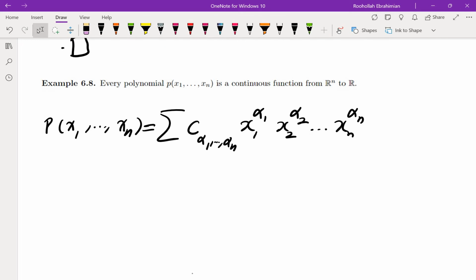So why is this continuous? Well, you could do it by induction on the number of terms, but briefly, I won't go over the details of that. This is continuous because you can write that down as a product of a bunch of continuous functions, and we know that product is also continuous.